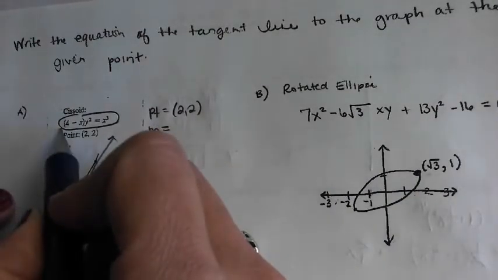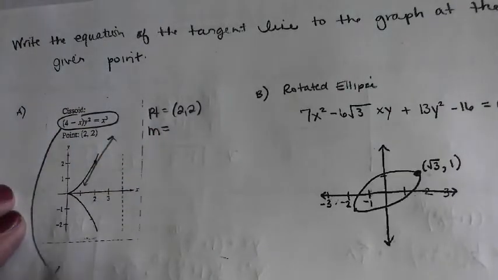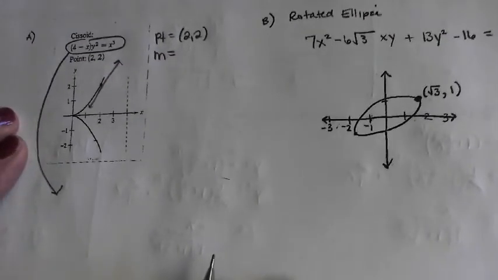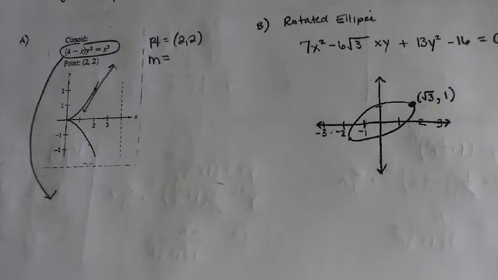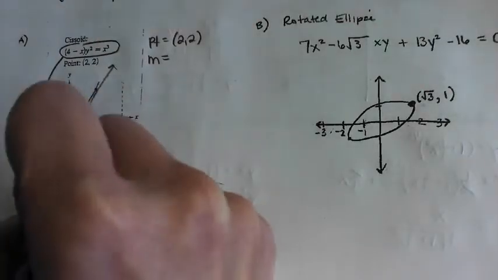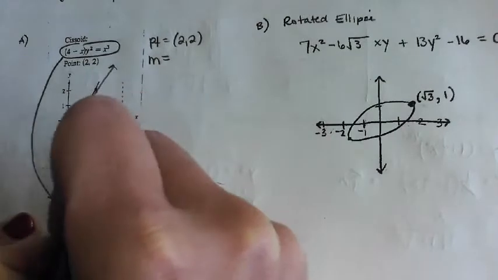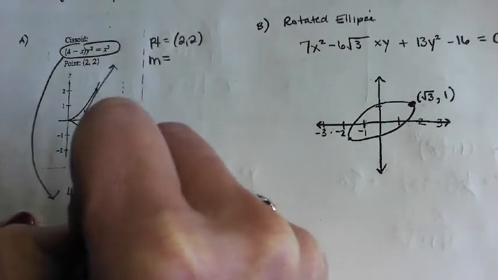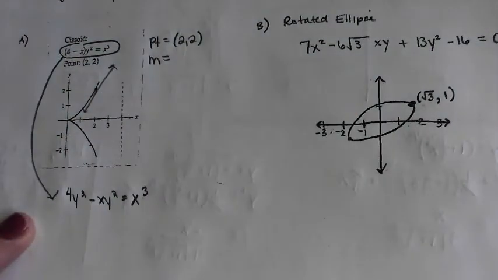So if I go to find the derivative here, what rule are you going to apply first, Kyle? Well, I would distribute it first. Okay, that's fine. So he went 4y squared minus xy squared equals x cubed. That's fine.